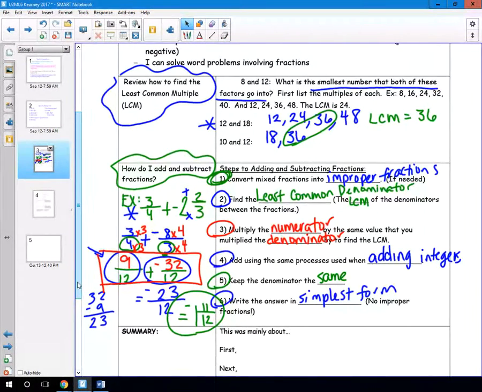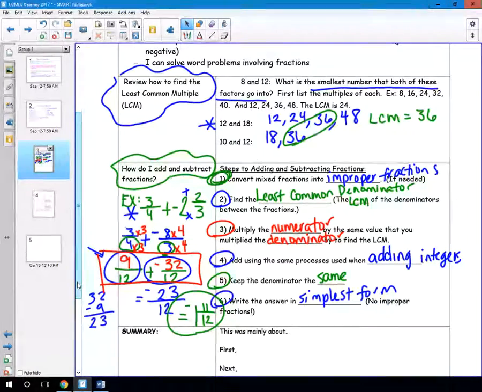Step 4, you're going to just add using the same rules. Same signs add, different signs subtract, and then keep the denominator the same. And then the last step is we want to write our answer in simplest form. Okay, so we are going to go over more practice problems together when you come to our station.